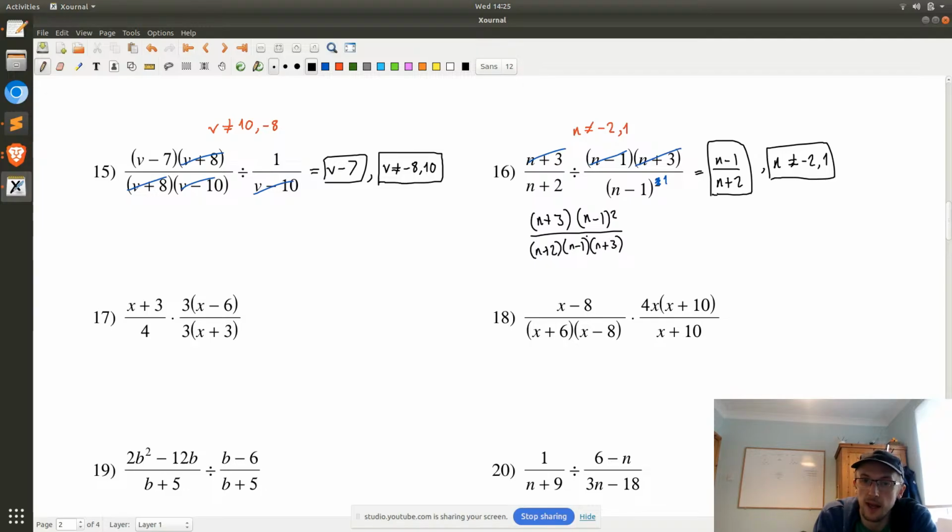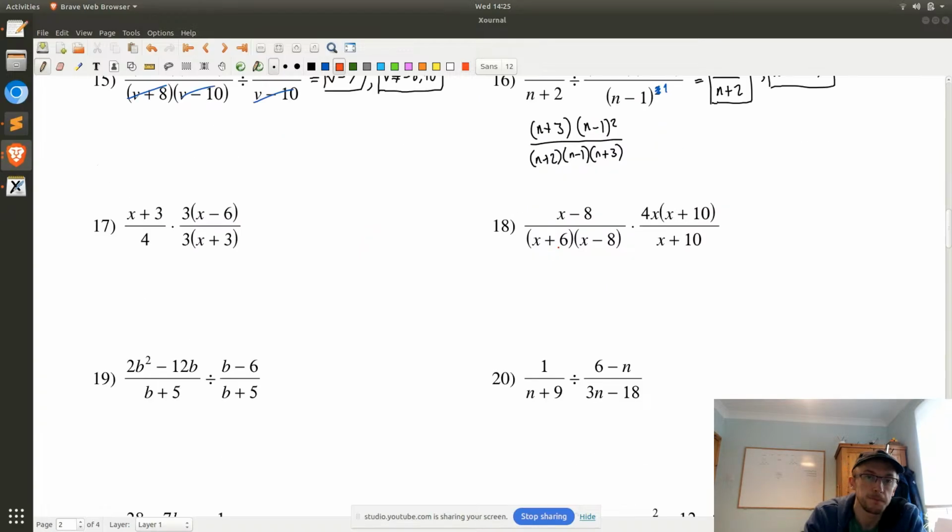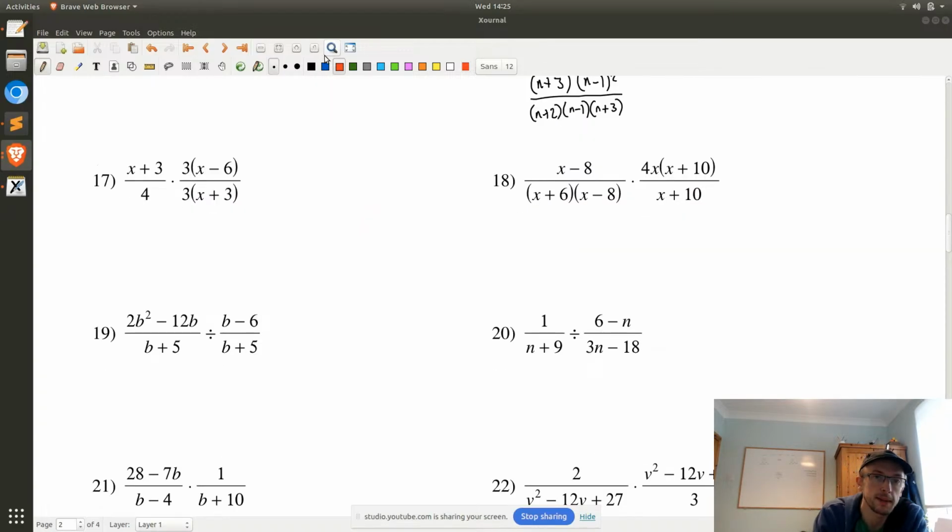And this has excluded values of -2, 1, and -3. That's why. And then you simplify the expression by cancelling out common factors on the numerator and denominator. Okay, right. Don't be caught out again.